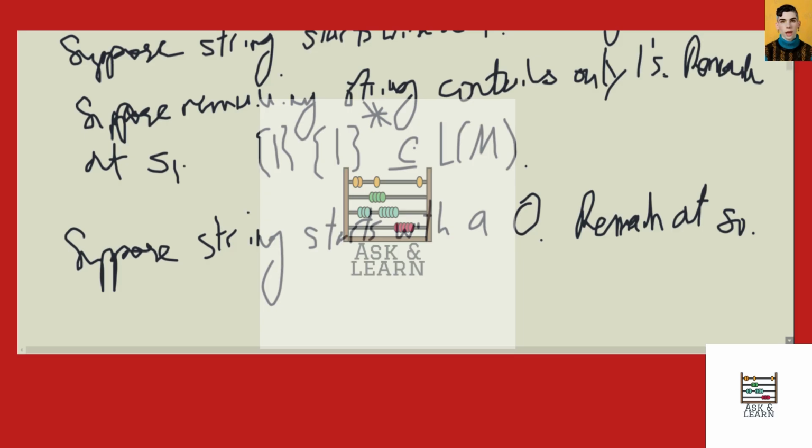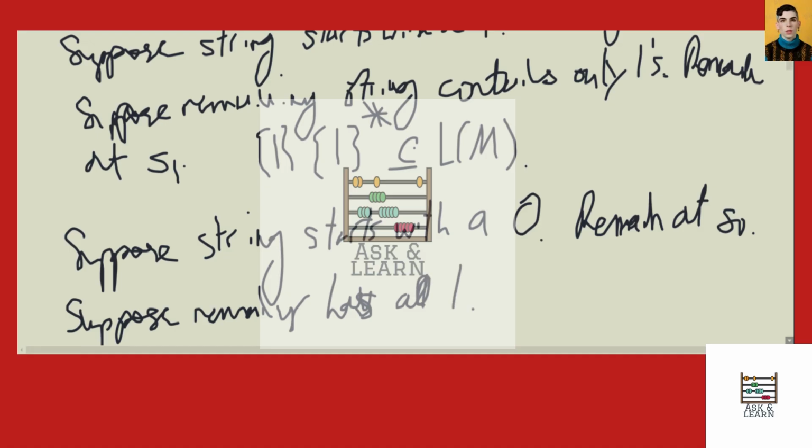So we're going to suppose the remaining string has a 1 in it. Then at that point, according to our table, we'll move from S0 to state S1.